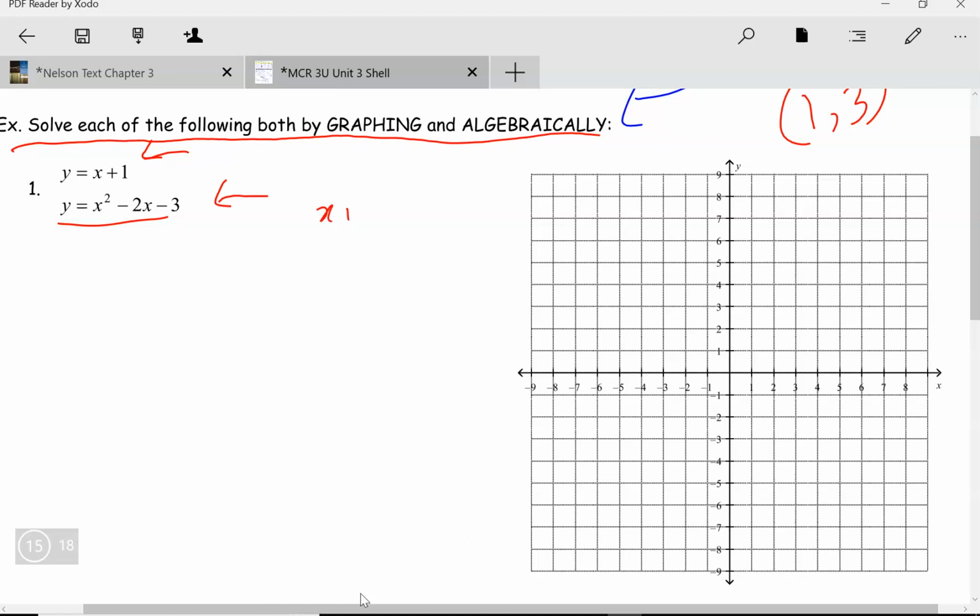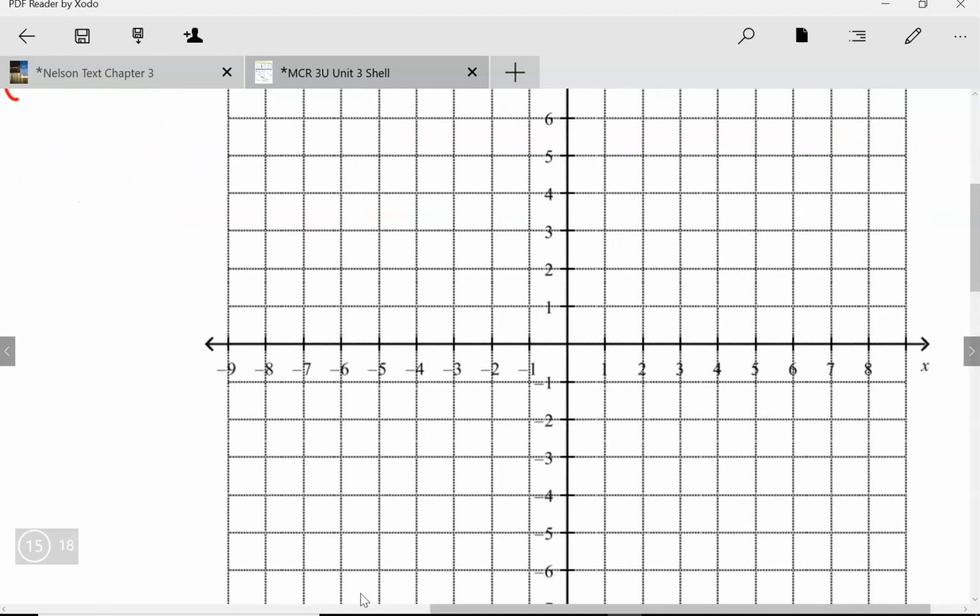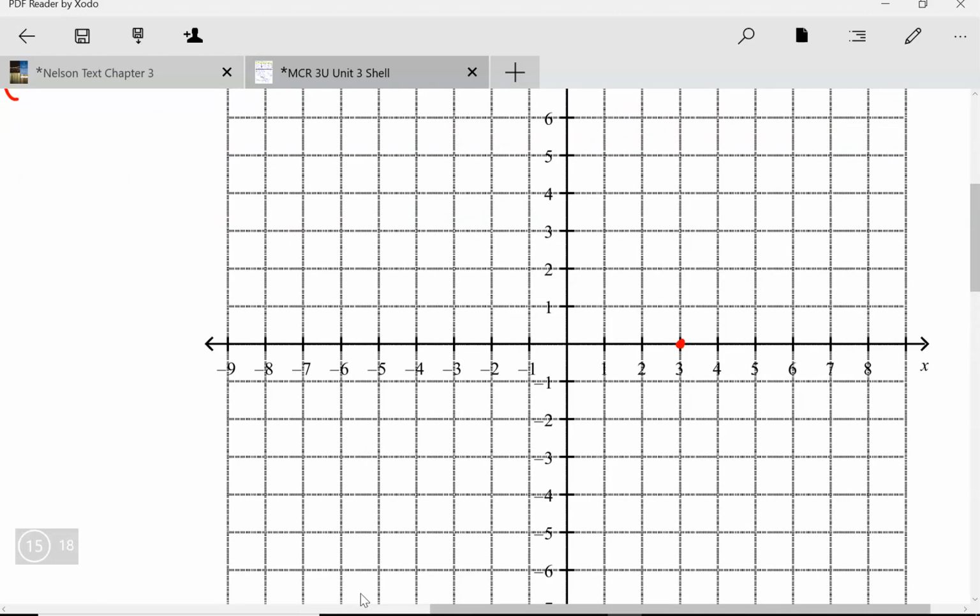So right away I can write x minus 3 times x plus 1. My graph is going to look weird no matter what I do. I have my roots. I have my axis of symmetry at x equals 1.